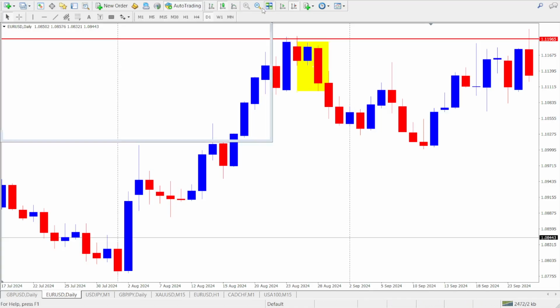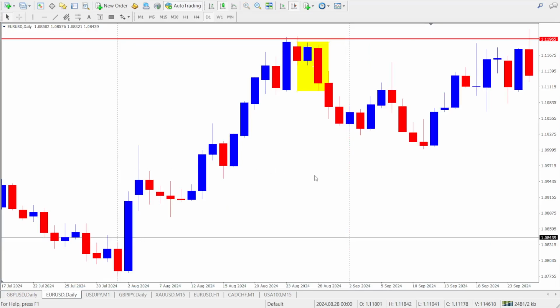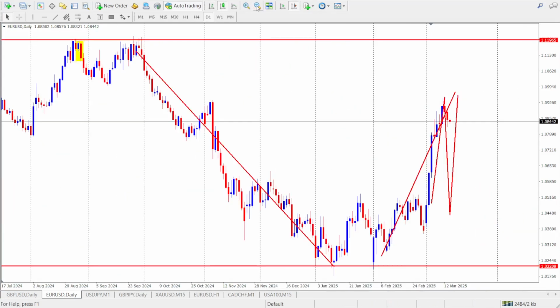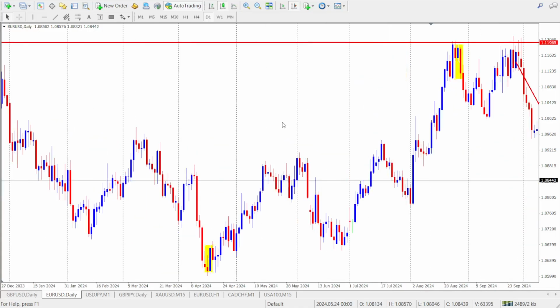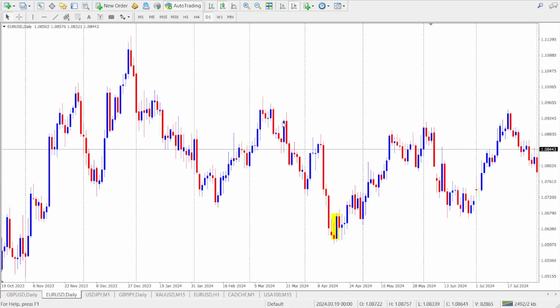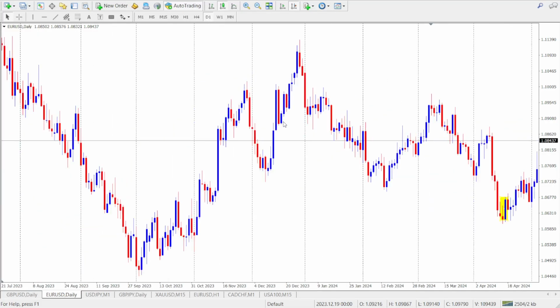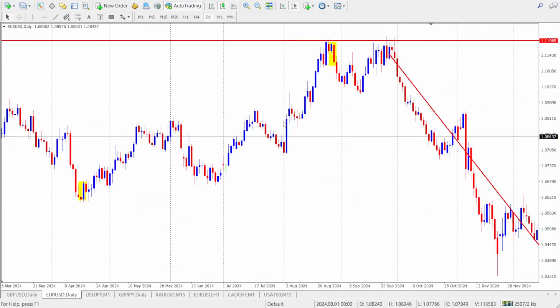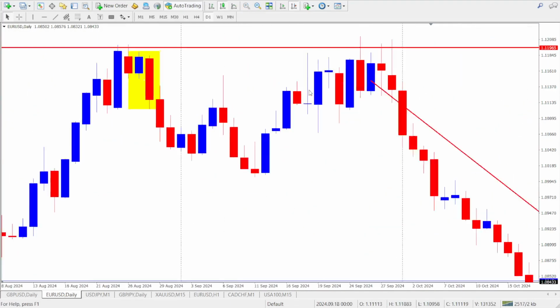Then we also have morning star and evening star. The morning star is a bullish reversal pattern that appears after a downtrend and signals potential recovery. Let's see if we can find an example of a morning star, a three candle pattern.